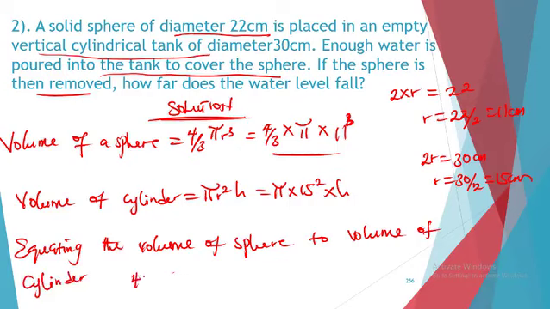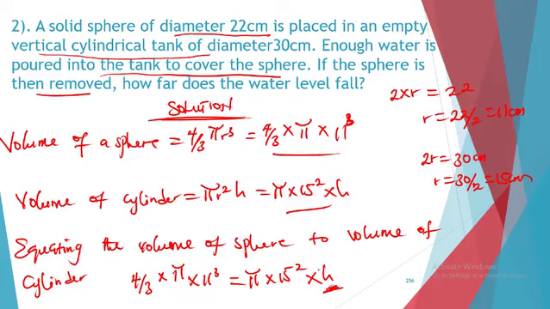So we have 4 over 3 times pi, times 11 raised to power 3, to be equal to pi times 15 squared times h. Do we understand? Remember our sole aim is to make h the subject of this formula.